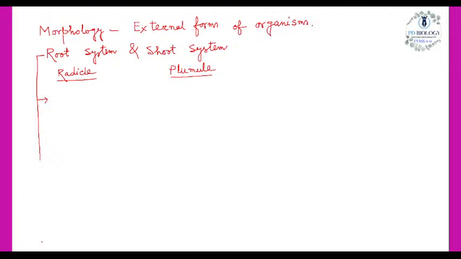Number one, taproot system. It consists of taproot, which means the primary root and its branches, that is lateral roots such as secondary root and tertiary root in dicot, and primary root that is elongated from radicle.